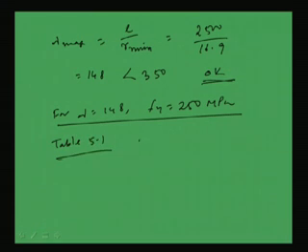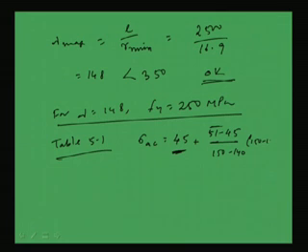We can find out sigma AC by interpolation: it is at 140 and at 150, so the value is 51 plus (45 minus 51) by (150 minus 140) into (150 minus 148).